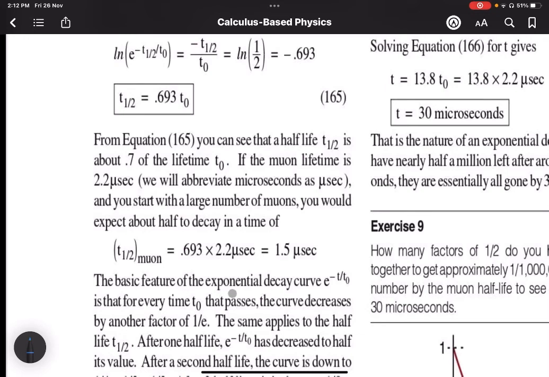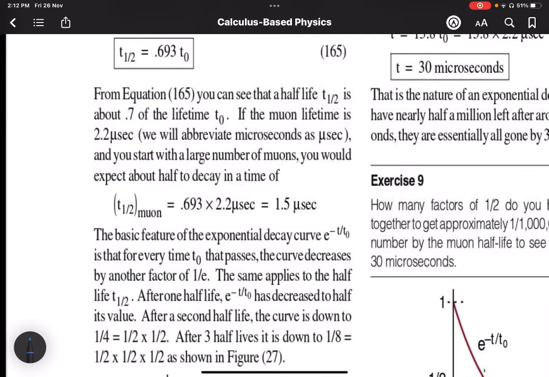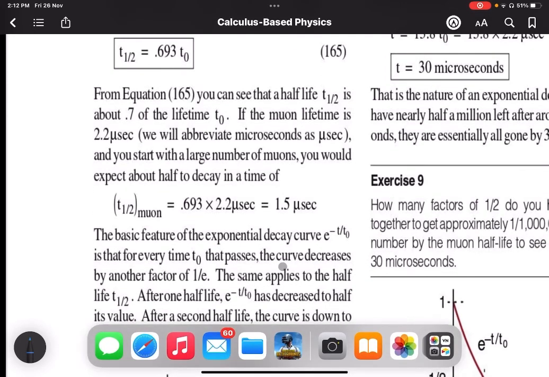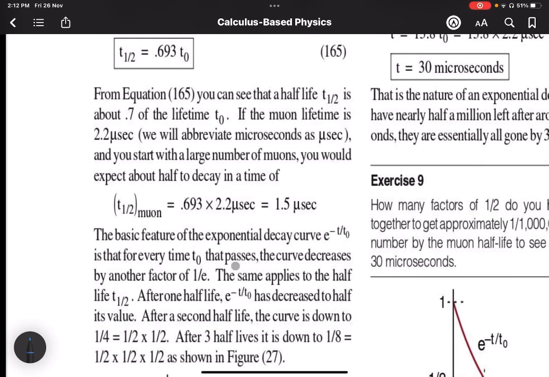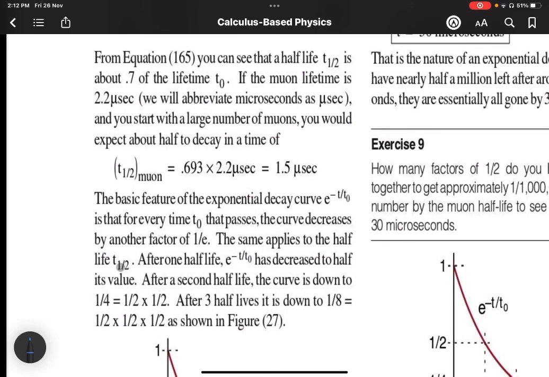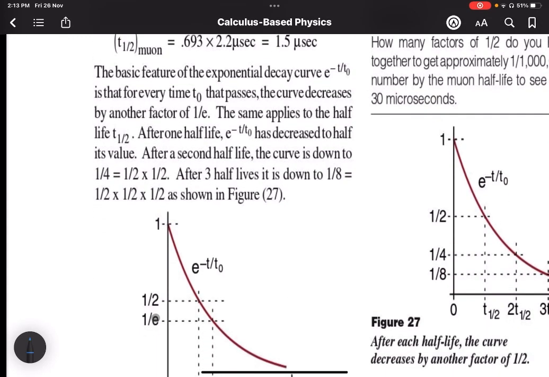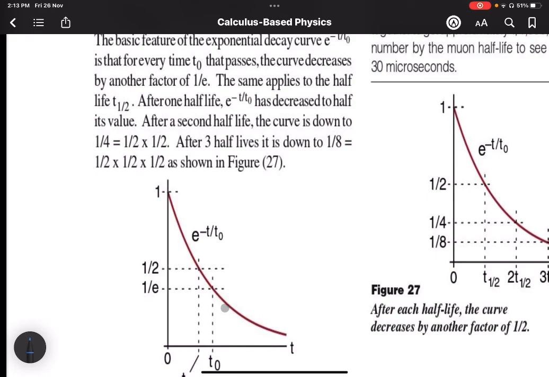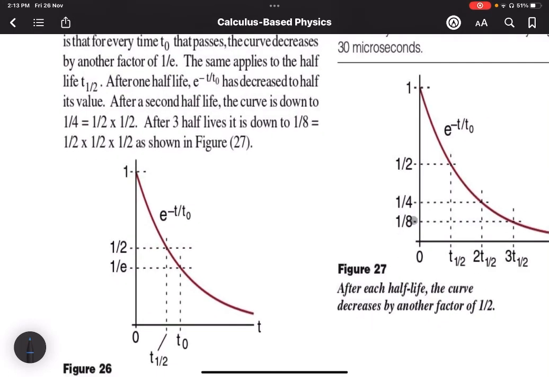The basic feature of the exponential decay curve e to the minus t over T0 is that for every time T0 that passes, the curve decreases by another factor of 1 over E. The same applies to the half-life t1 half. After 1 half-life, then again, it is divided by another half-life. Katulad na nakita natin sa kabila.